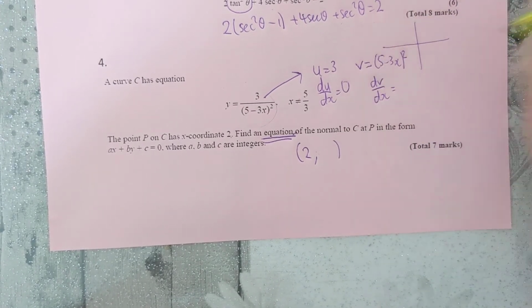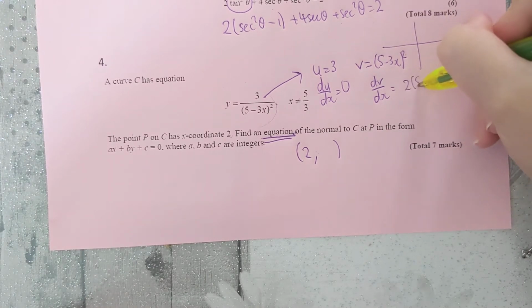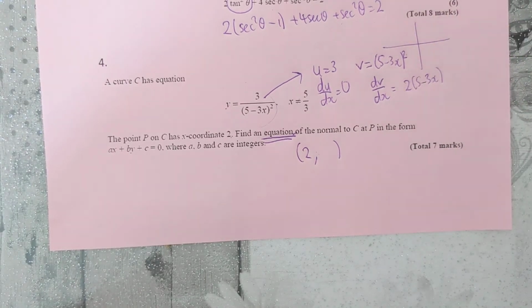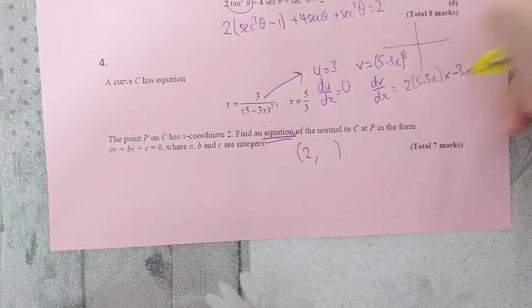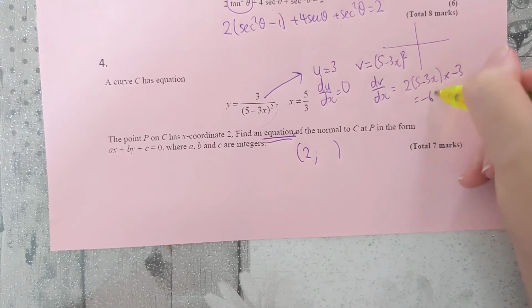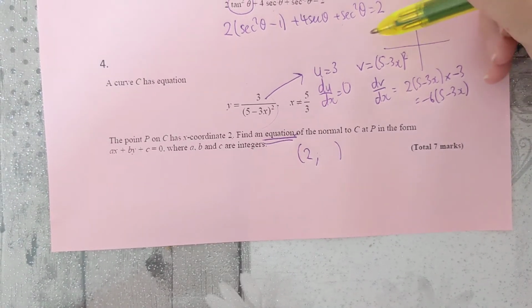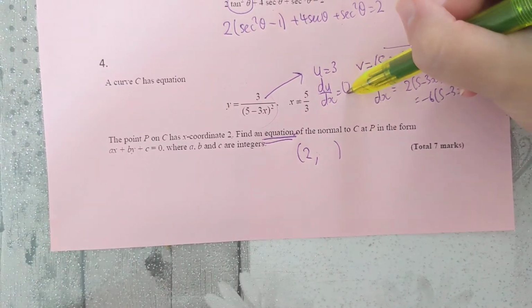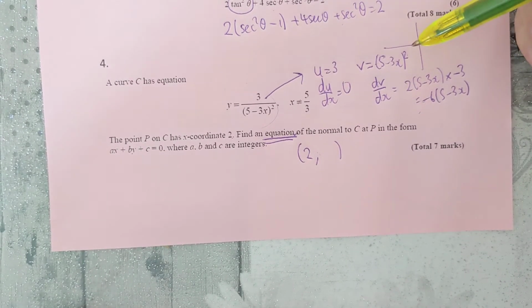This one, it's the chain rule inside of the quotient rule. So you would bring the 2 down, make the power 1 less, and then times it by what you get when you differentiate the bracket, which is minus 3. So it's going to be minus 6, 5 minus 3x. So quotient rule is this one times this one minus this one times this one all over v squared.